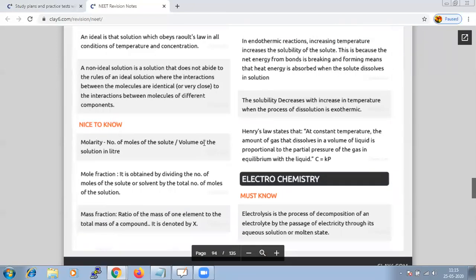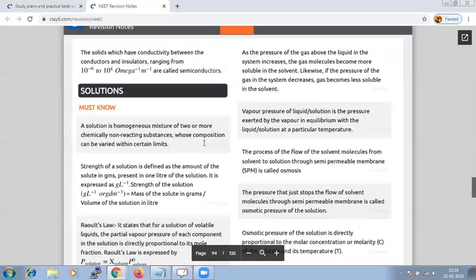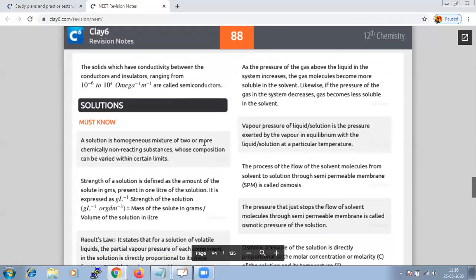It's very important to know which solutions obey Raoult's law. We give the category as ideal solution, and if it does not obey Raoult's law, we say that it is a non-ideal solution.